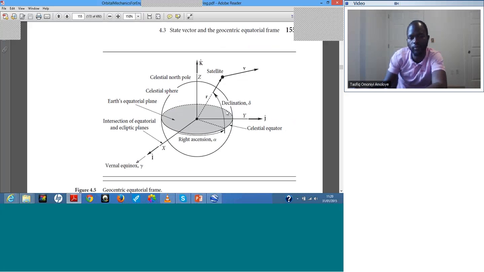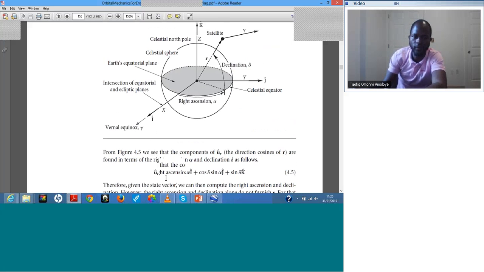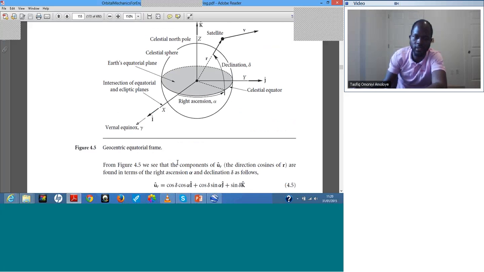the position vector. So from this figure, we see that the components of UR, the direction cosines of R, are found in terms of the right ascension alpha and declination delta as follows.